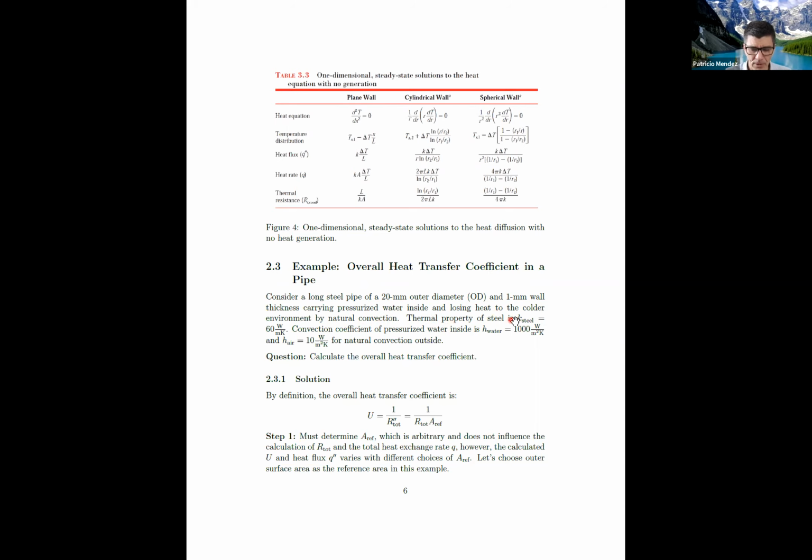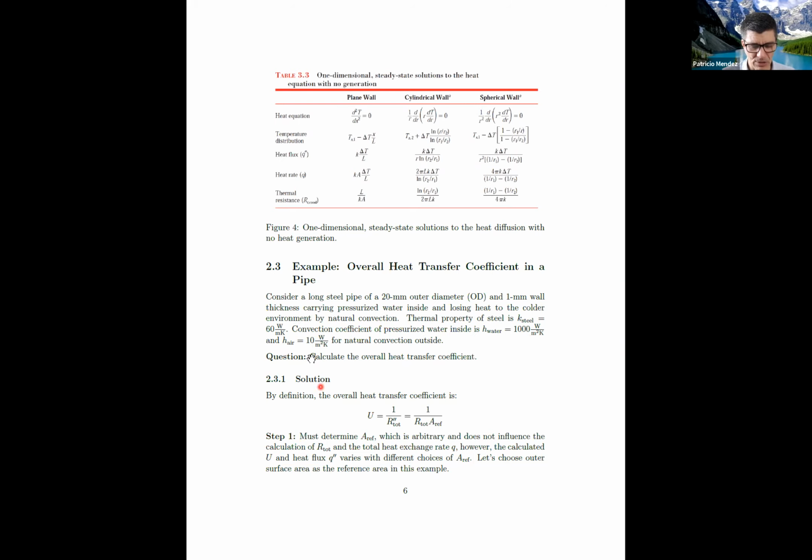For the thermal property of steel, we have the thermal conductivity, 60 watts per meter Kelvin, ballpark, but easy to remember. The convection coefficient of the pressurized water inside, let's say, is 1,000 watts per meter square Kelvin, because let's say it's in liquid state with forced convection, and at the outside of the pipe, let's say, is just still air, right?